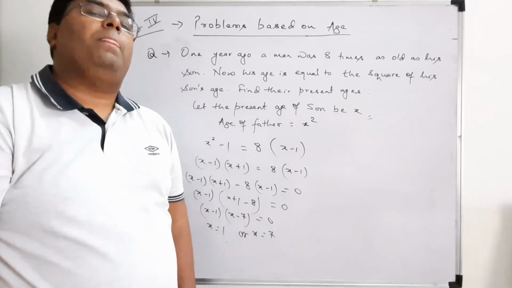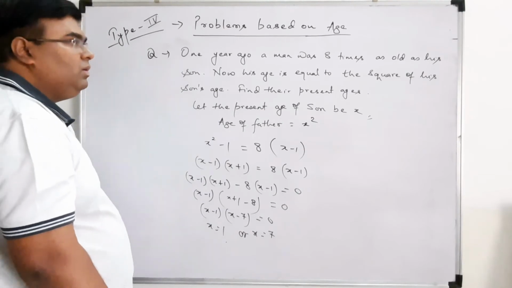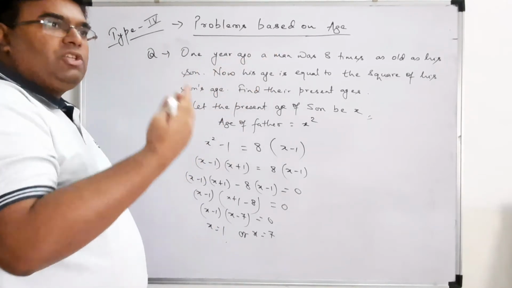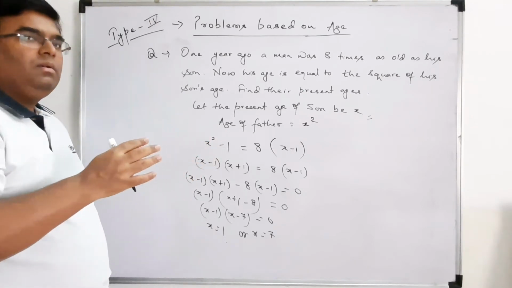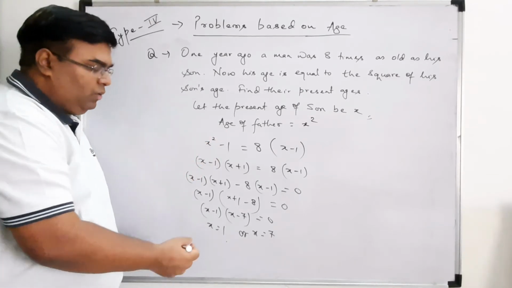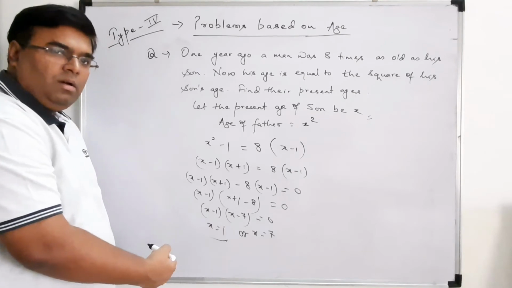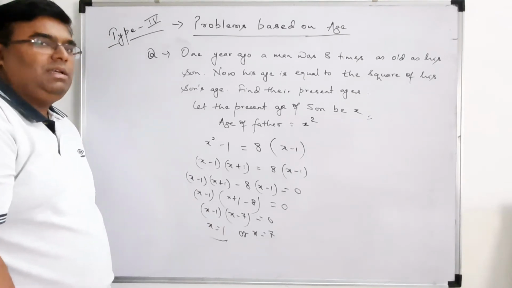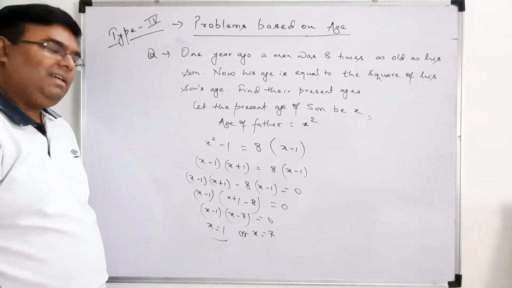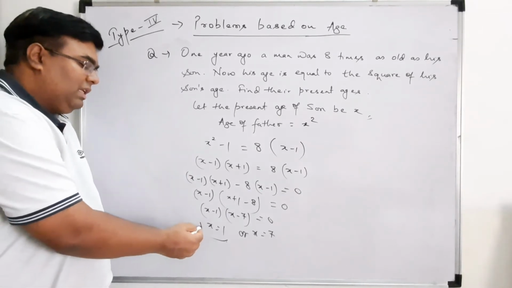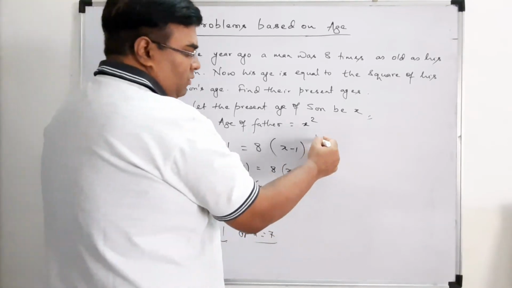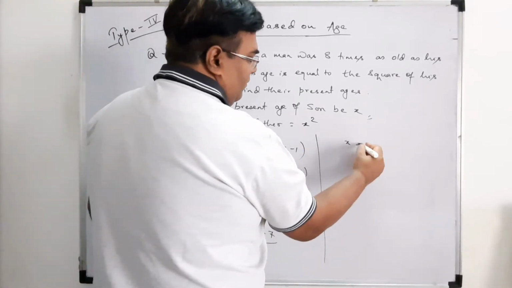Why? Because we are talking about 1 year ago, meaning we are talking about the ages of son and father 1 year ago also. And when you take x is equal to 1, 1 year ago the son's age will be 0. It means he has not been born yet, right? So we cannot take this value. So our value will be x is equal to 7 only.